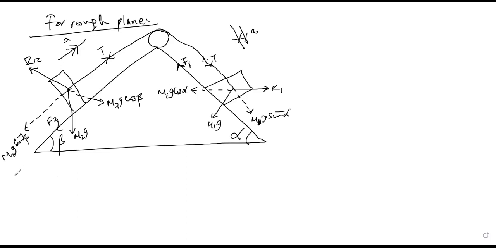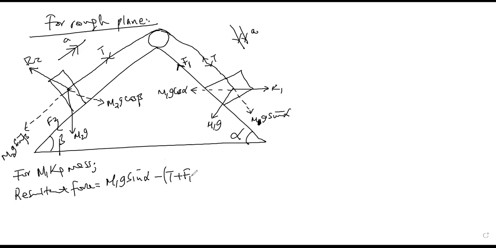Now looking at this, I can talk about the m1 kilogram mass. For the m1 mass, you can see that the resultant force is equal to m1g sine alpha, but opposing the motion are the tension and F1. So it is m1g sine alpha minus the summation of these two, so minus T plus F1.